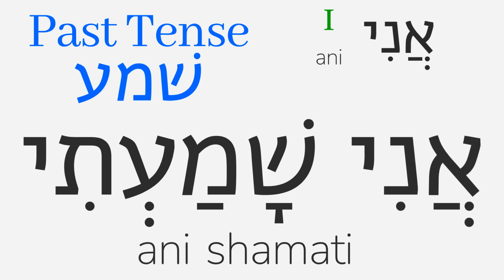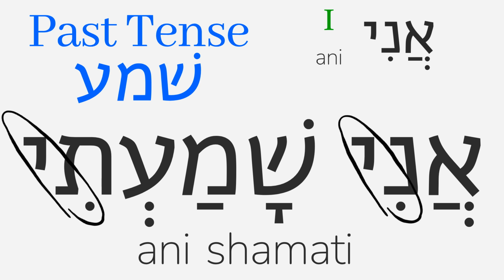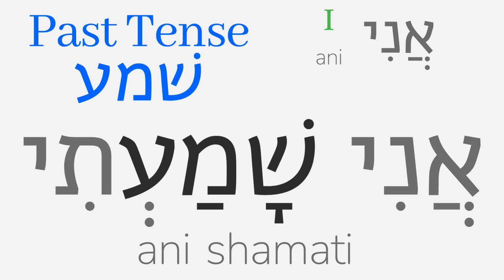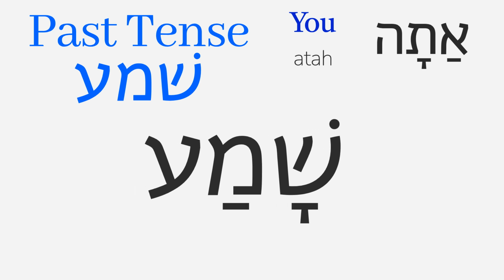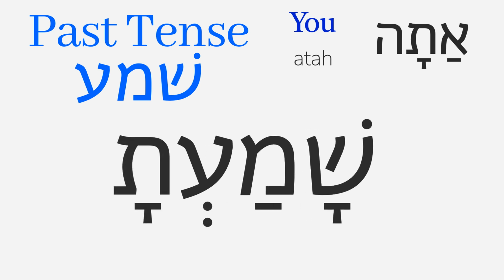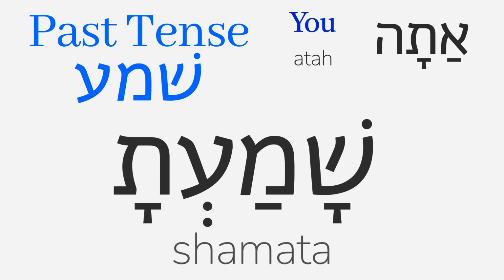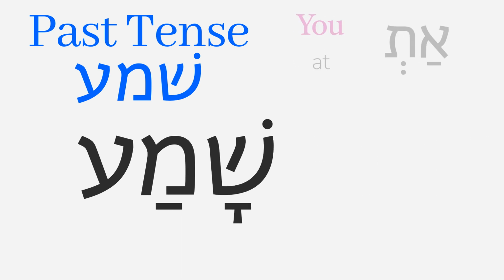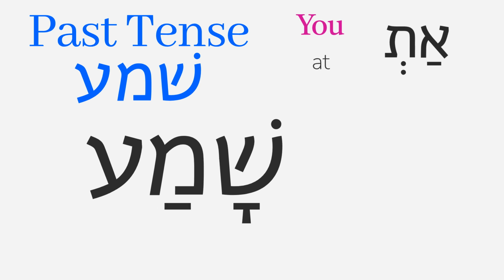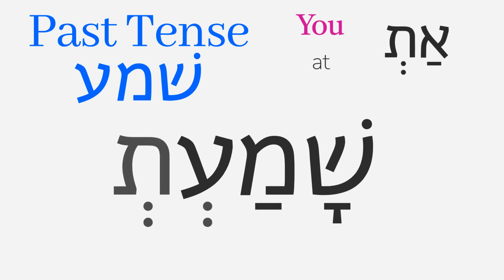Ani shamati, I heard. Notice that both the pronoun ani and the verb ending have an i sound at the end. The ata, you masculine singular form, is made by adding ta, spelled without a silent hey. Shamata. Ata shamata, you heard, masculine singular. The at, you feminine singular form, adds a t ending.